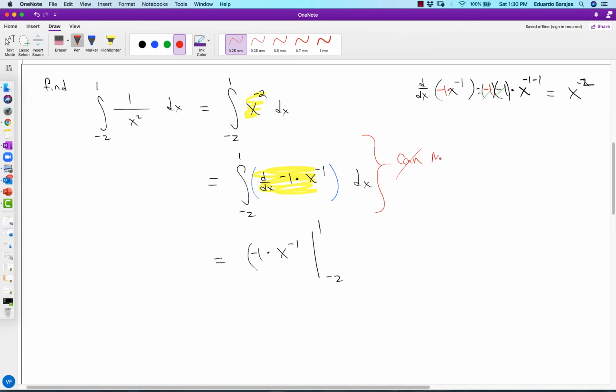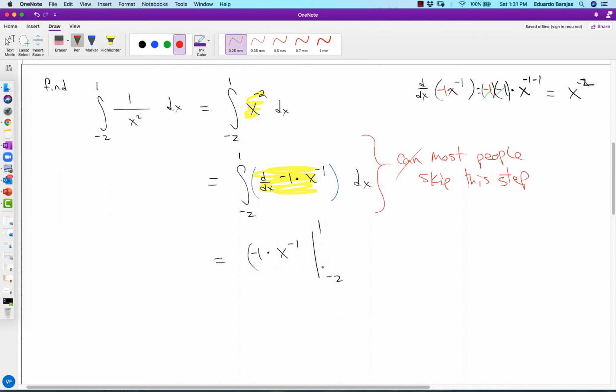Most people skip this step, and as you become more comfortable with this process, you'll skip that too. All I did is find the function whose derivative gives me that, so that I have the integral sign and the derivative sign right next to each other. It helps me. I like it. But you don't have to. You can skip that and go right into the antiderivative.